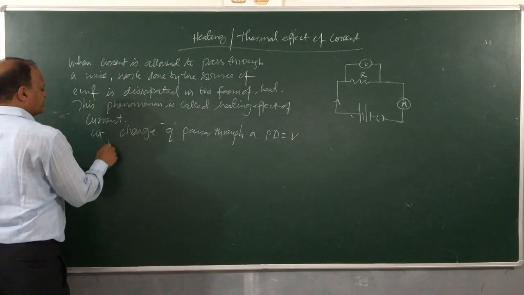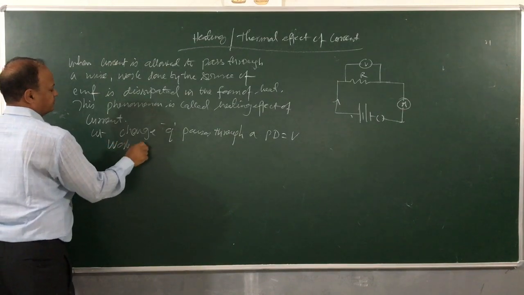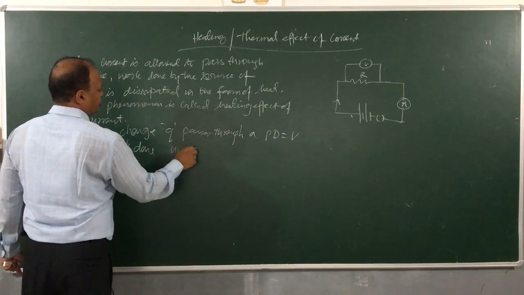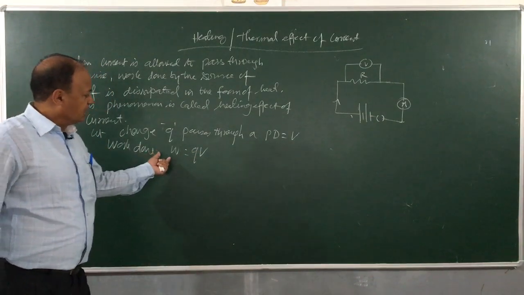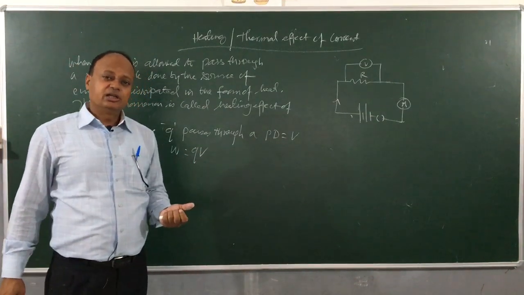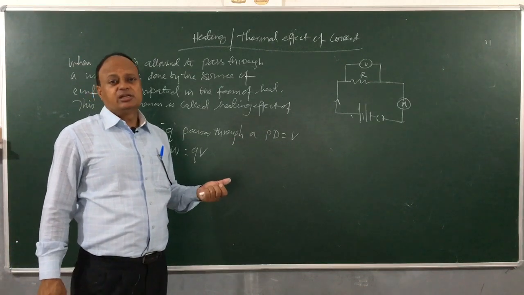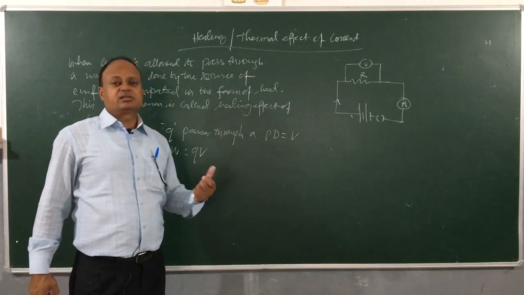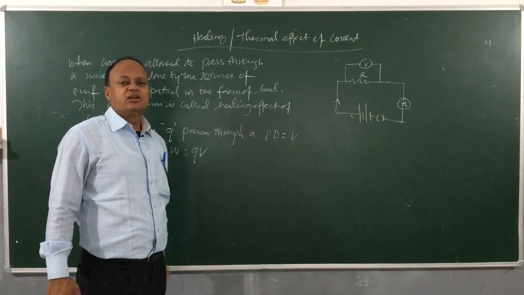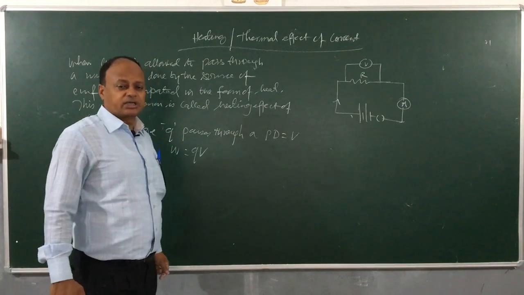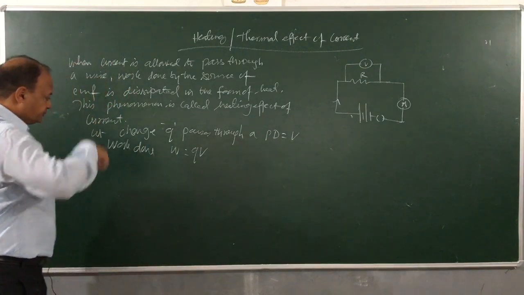So, work done will be how much? W is equal to Q into V, very simple. Now, this work done will be utilized to increase the kinetic energy of charged particles which are moving through the conductor. Clear?